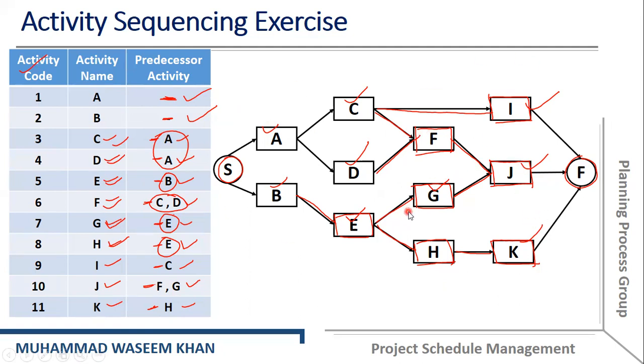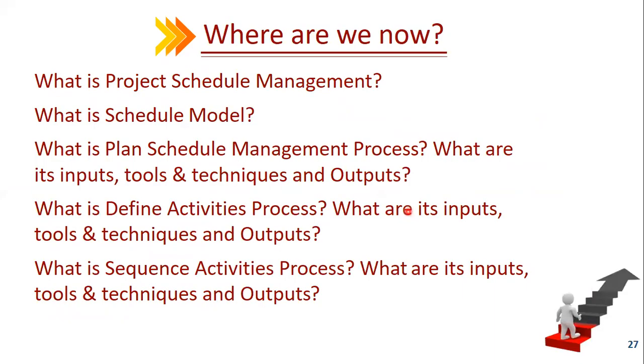This diagram tells us which activity will be performed first, which will be performed second, which activity is the predecessor, which activity is the successor, and what the relationship is among these activities. So that's the end of the third process, that was sequencing activities.